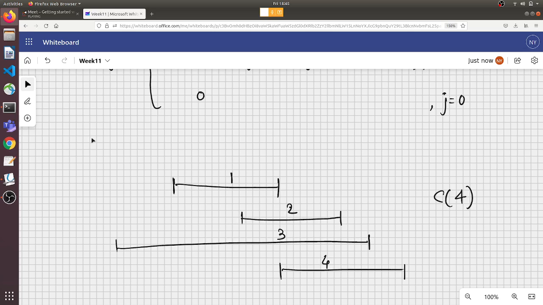So now how will we find it? If we sort the intervals by their finish time, then we need to find the last interval before j whose finish time is less than or equal to its start time.